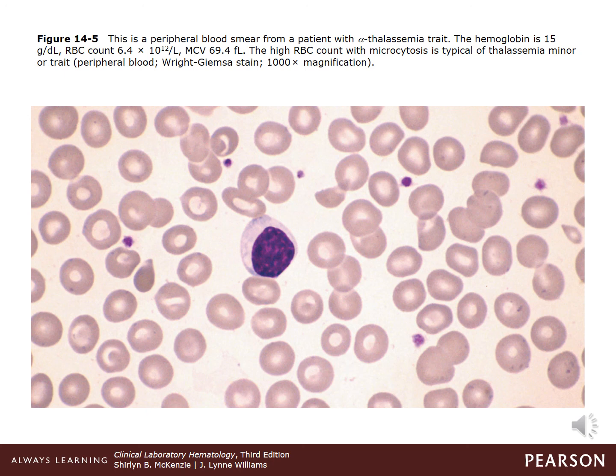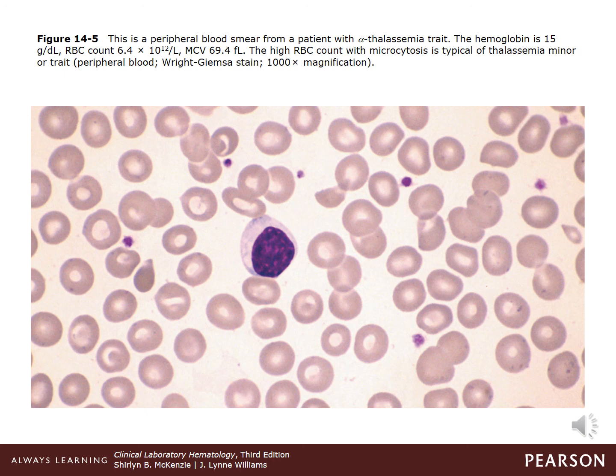So here is a peripheral smear picture from a patient with alpha thal trait, where you have a decrease in the alpha-containing hemoglobins, but it is unaffected as the body is able to compensate to a greater than normal degree for the deleted genes. So with the clinical findings, you may see a mild anemia.